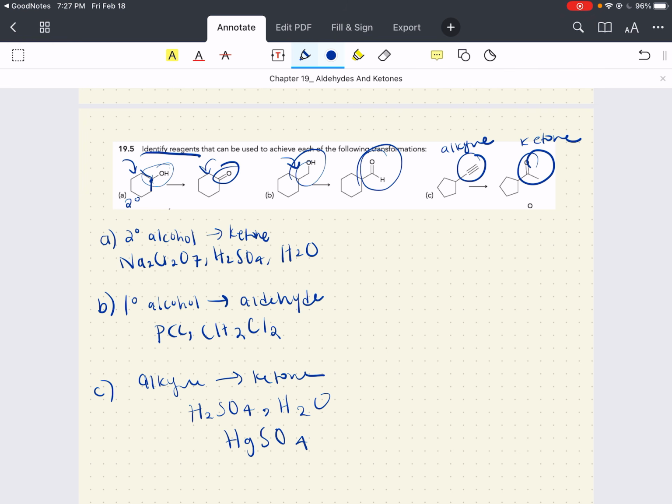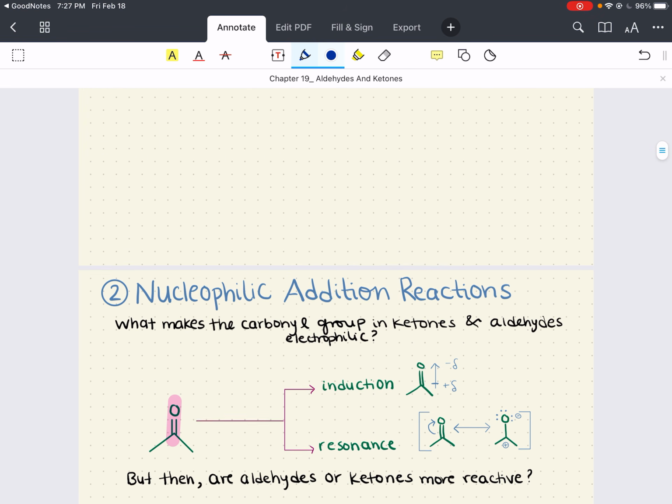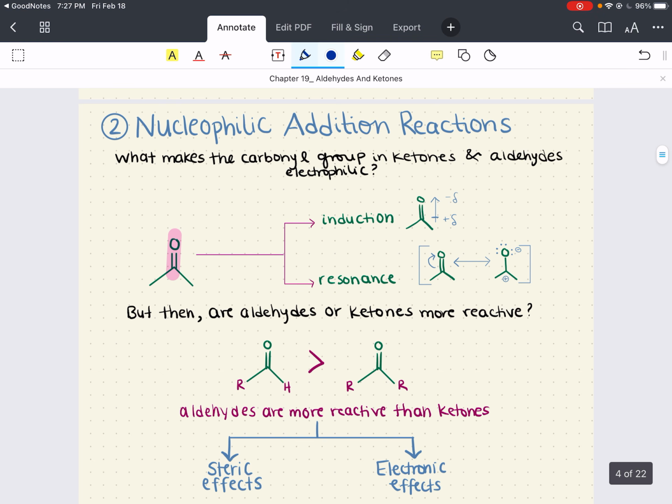Fantastic. All right, now we want to move into our second big topic of this chapter, and that's nucleophilic addition reactions of ketones and aldehydes. And here, before we get into those nucleophilic addition reactions, we want to stop and ask what makes the carbonyl group in these ketones and aldehydes electrophilic?